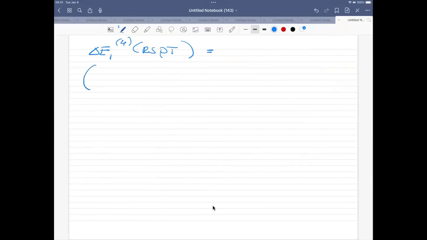So I'm going to use the notation that if you see this HI here, this is now going to stand for phi 1 because this is the ground state we are looking at. So this is a ground state expectation value with the Hamiltonian HI. So this is just a shorthand notation which I'm going to use here.